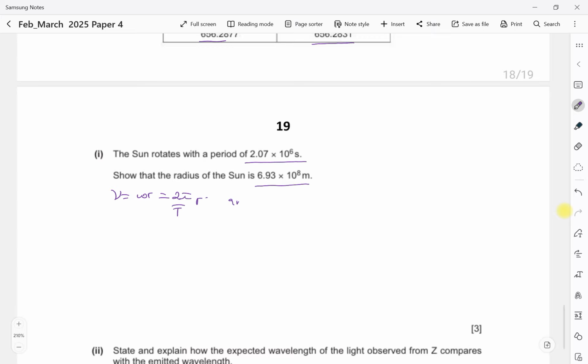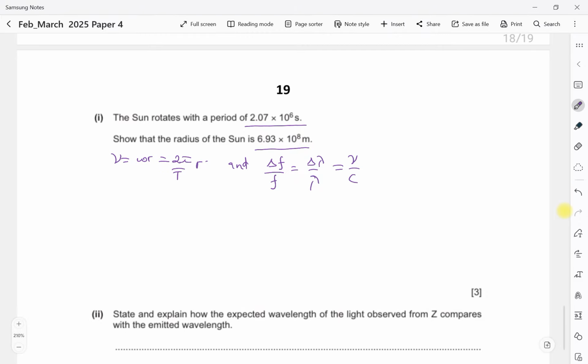And also we know to find the speed V, the ratio of the apparent frequencies is the same as the ratio of the wavelengths, which is the same as V over C. This is also given as the Doppler equation. So I'll just use the one of wavelength.